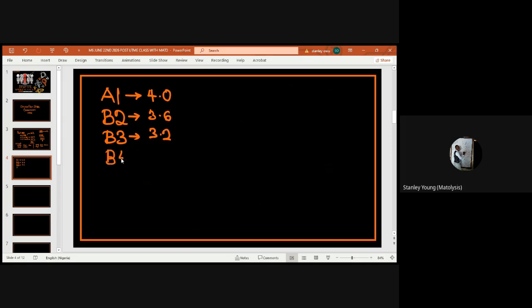Then we have C4, which is 2.8. Then you have a C5, 2.4. And the least credit grade you can have from WAEC is going to be C6, which is 2.0. So you have a great edge if most of your grades fall within A1 and B2.